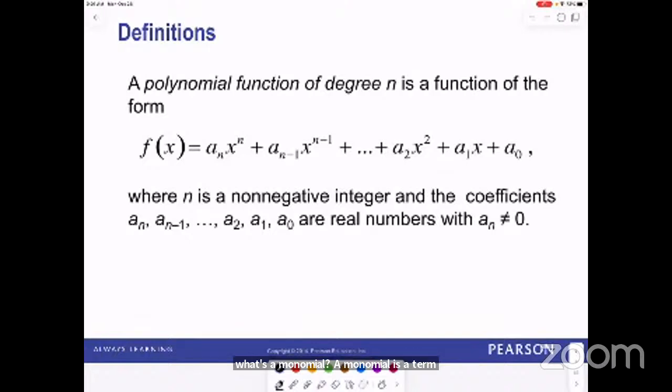A monomial is like a power function where we have some real coefficient times a variable x raised to a non-negative integer power. So examples of monomials would be things like the number 2, 7, 3x squared, 5x, 10x to the power of 15, stuff like that.